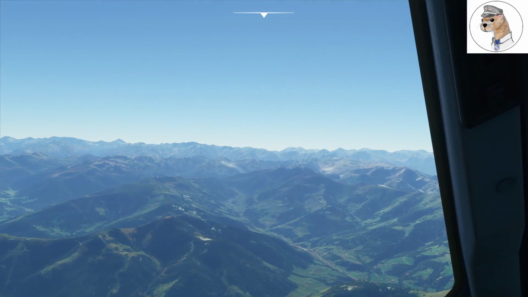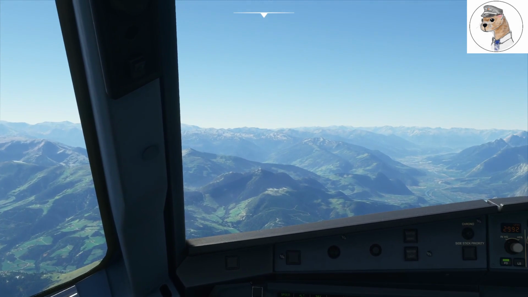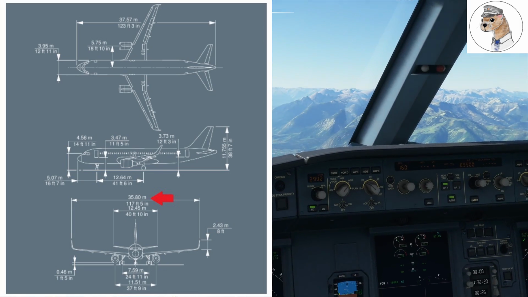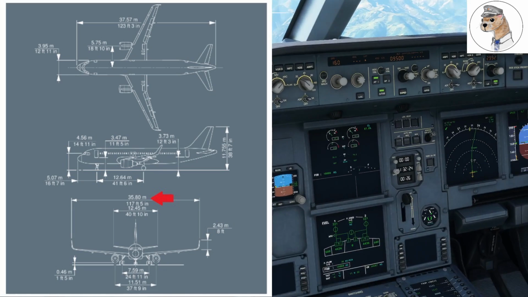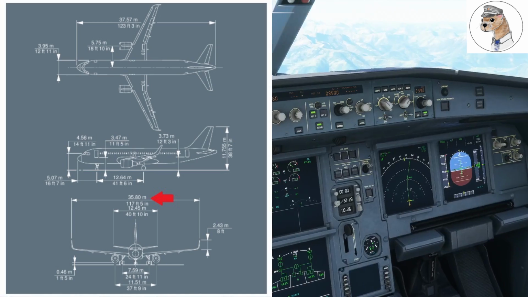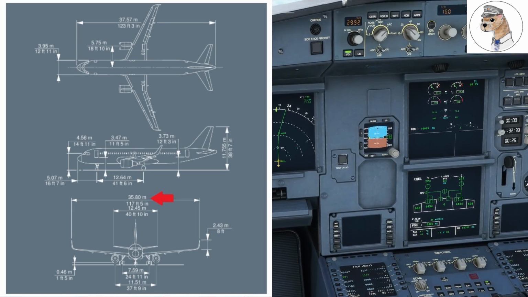So when we get into the first relevant piece of information from the chapter, it comes in the form of the principal dimensions diagram. From here, the key piece of information is the wingspan of the aircraft. This is key because some taxiways around certain airports only cater for aircraft of a certain wingspan.